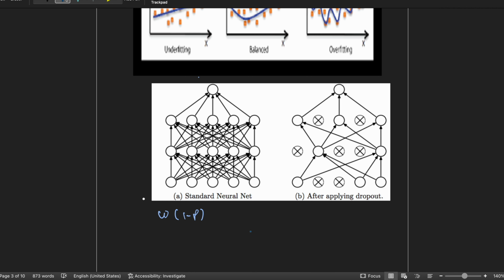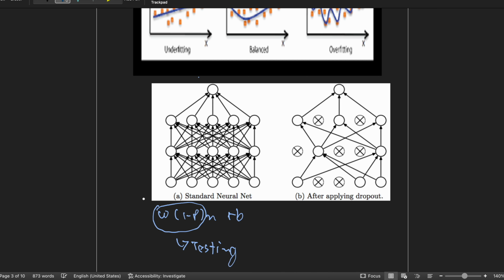Because if 0.4 is the dropout, 40% of the nodes of the hidden layers are dropped out, so 60% of the time they are present. So we are just taking the weights multiplied by the probability of their presence. So basically, we are just taking the new weight as W into (1 minus P) for testing.